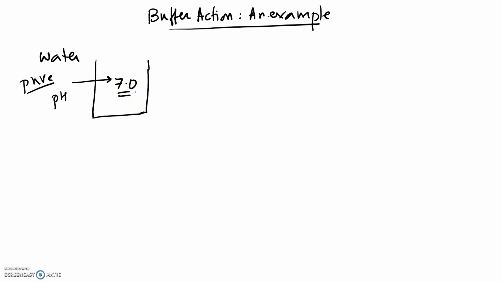Okay, and if you decide to add, let's say, 0.020 moles of HCl to this water, so that goes into the water. Well, the result is actually a pH of 1.7. And how does that come about?